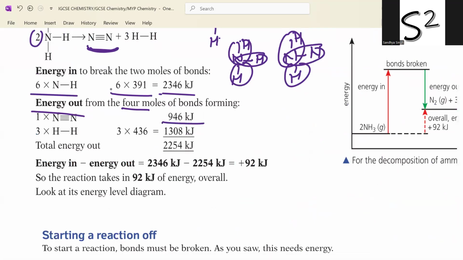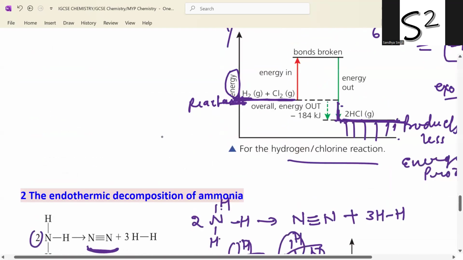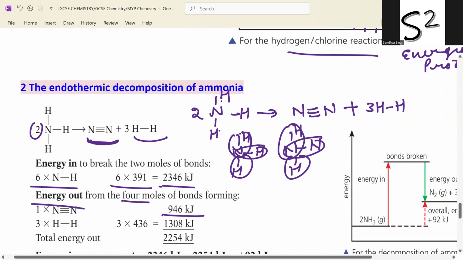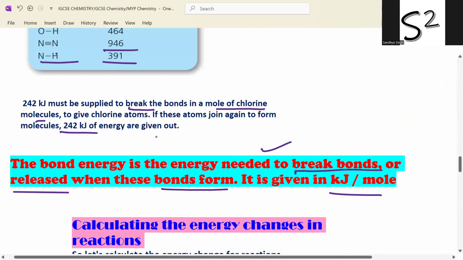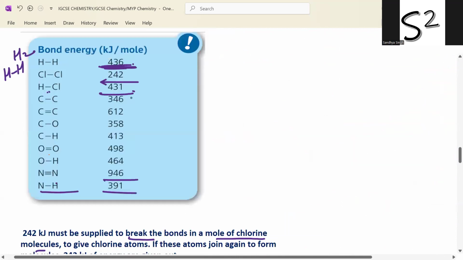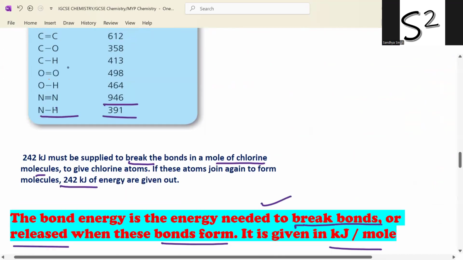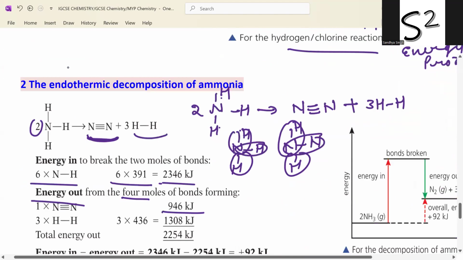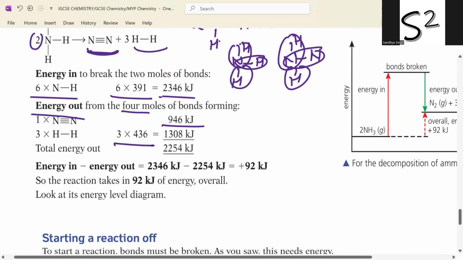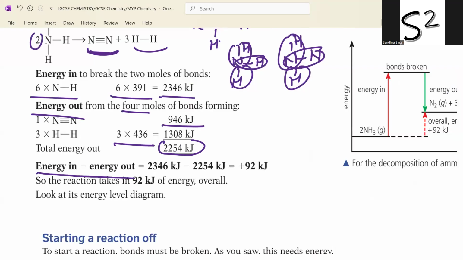And for the 3 hydrogen molecules, the bond energy between hydrogen and hydrogen is 436 kilojoule, so it would be 3 multiplied by 436. So the answer is 2254 kilojoule. After putting in the formula, energy in minus energy out, the answer would be plus 92 kilojoule.